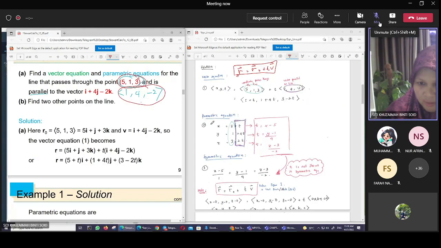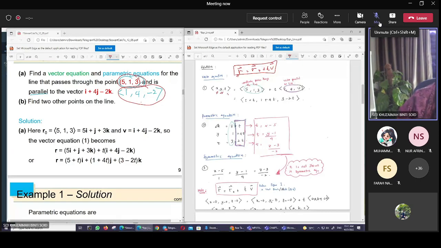Since we are asked for the second form, another form of the line equation, the parametric equation, based on this vector we can write x, y, and z. The 5, 1, 3 is the coordinate that the line passes through, and t is our parameter.